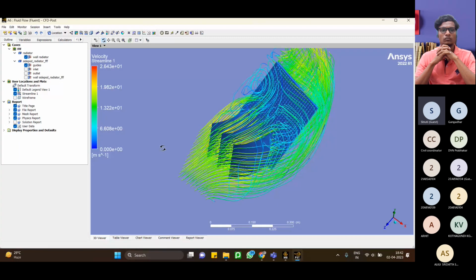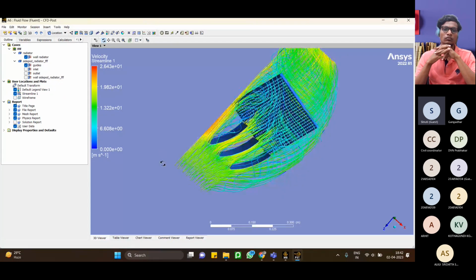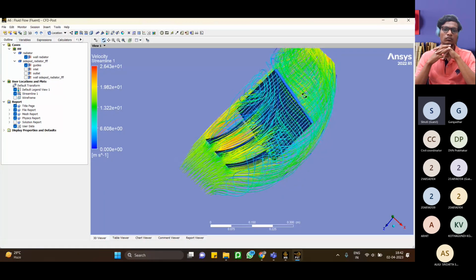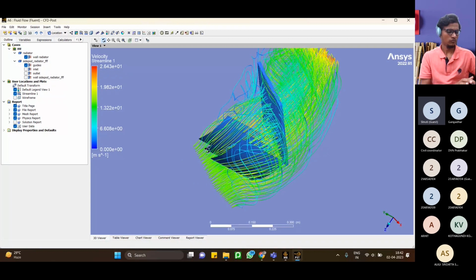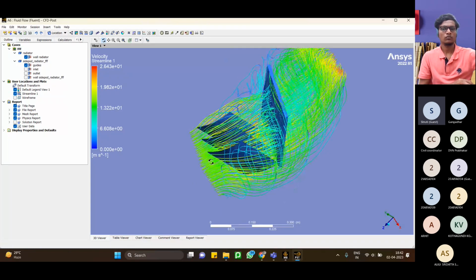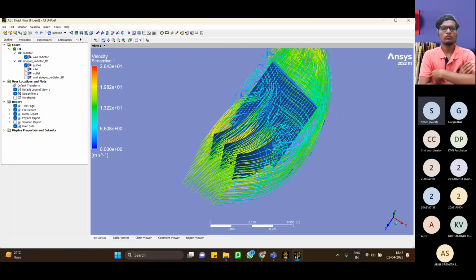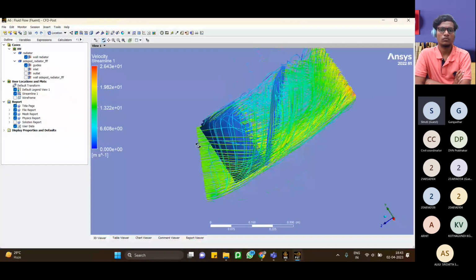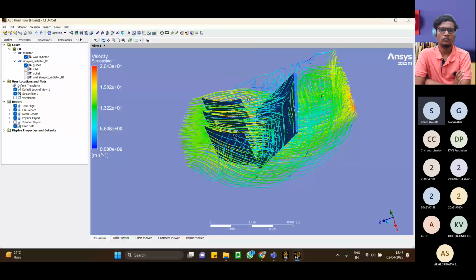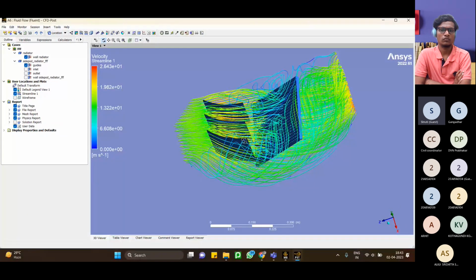I was checking how the air will flow inside the side pods with these guides and this radiator. What I got was a bit different from what I expected. Initially, I didn't add these guides, so I was getting a lot of turbulence inside the side pod, which I didn't want.